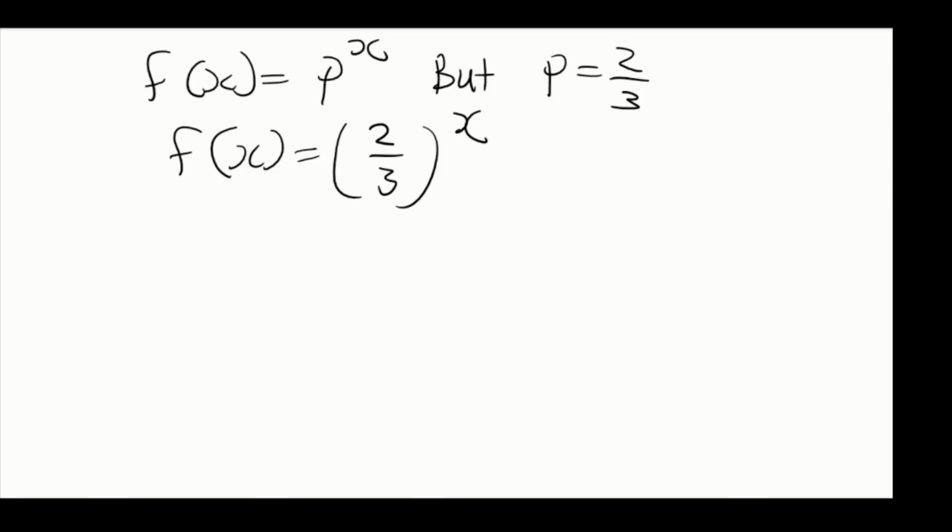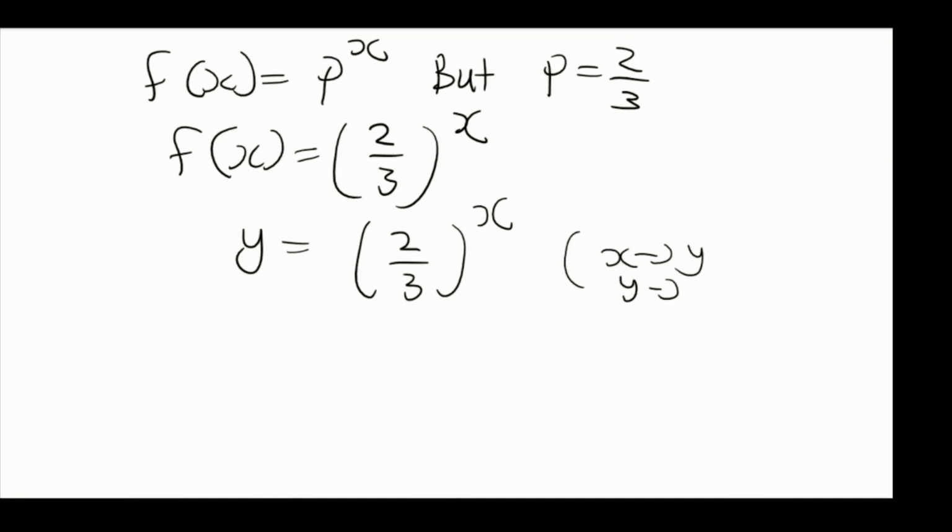So to find the inverse, we say y equals (2/3) to the power of x, then we swap x and y. So where there's y, we put x equals (2/3) to the power of y. Then we know very well that we need to write y equals.